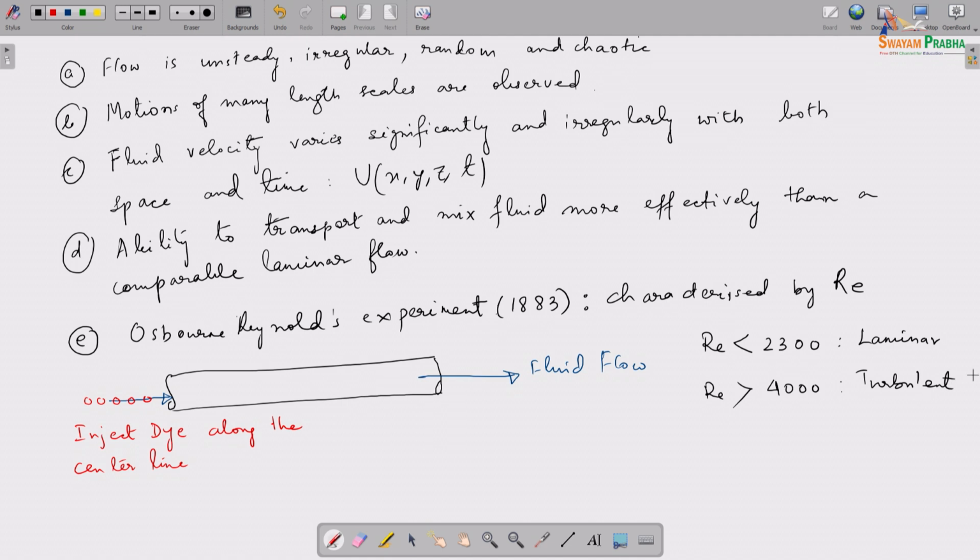Whether the flow is laminar or turbulent definitely depends on the speed, but it is dependent on more things than just speed. Therefore, it is characterized by the Reynolds number, and these are some values that Osborne-Reynolds came up with in the 19th century.